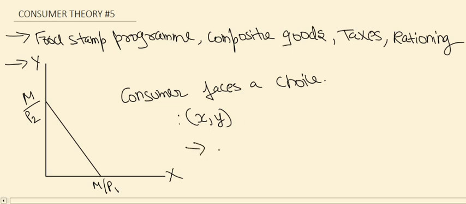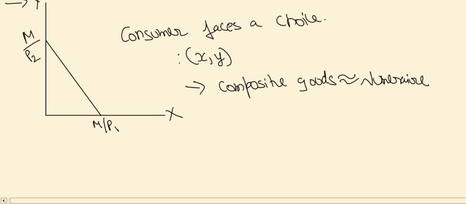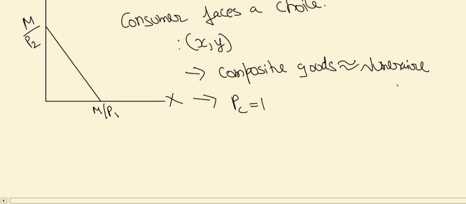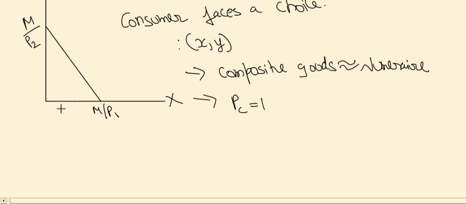Another name for composite good is numeraire good, or numeraire commodity. The numeraire concept says that the price of a composite good is always one. Now, let's try to understand what exactly this composite good is.